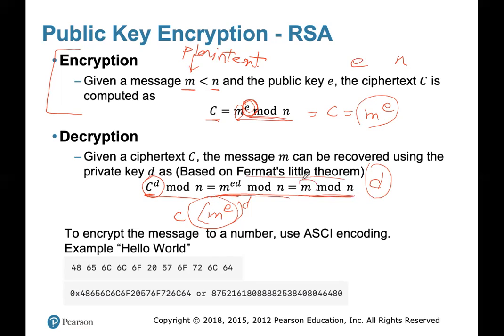And remember, m was our plain text. So if you take the ciphertext to the power of d, which is m to the power of ed, based on the Fermat theorem, we get m mod n, which is our plain text. So this is how the RSA algorithm works.